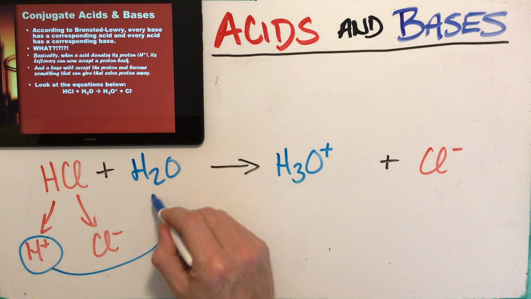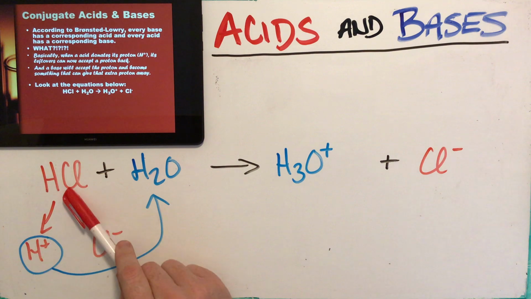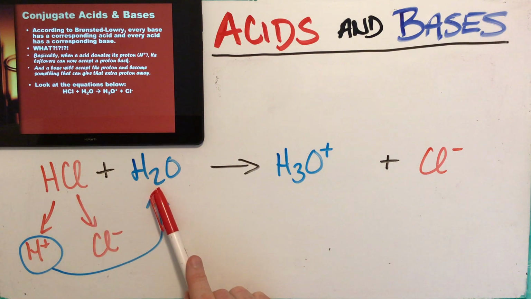So this ends up going and joining onto that. So in a way, what basically happens is that the acid, HCl, acts as the acid, and the water acts as a base because it accepts that proton. Now, let's go over here and take a look at this.